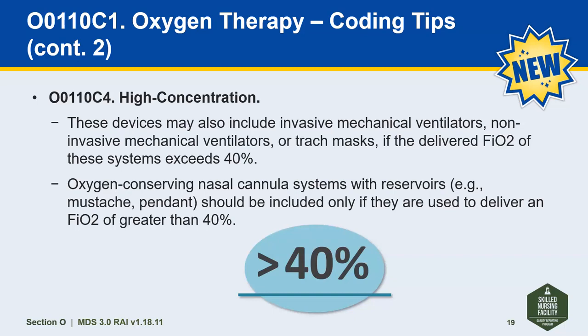These devices may also include invasive mechanical ventilators or non-invasive mechanical ventilators or trach masks if the delivered FiO2 of these systems exceeds 40%. Oxygen-conserving nasal cannula systems with reservoirs, such as a mustache or a pendant, should be included only if they're used to deliver an FiO2 of greater than 40%.